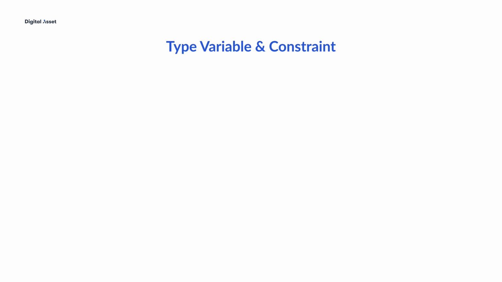Now that this lesson has covered types in DAML, let's discuss type parameterization. While you often create functions to handle specific data types, what if you want a function that works with a broader range of types? This is where type variables and constraints come into play. For example, the add function signature specifies that it only takes and returns Ints.